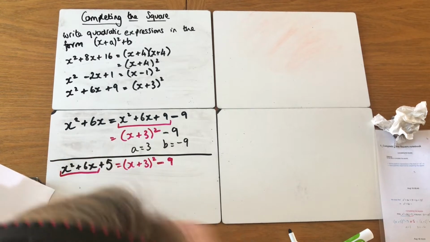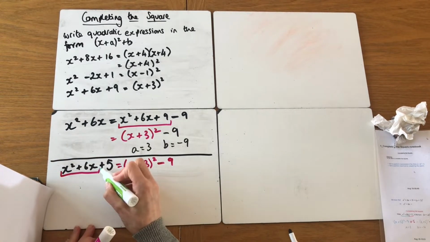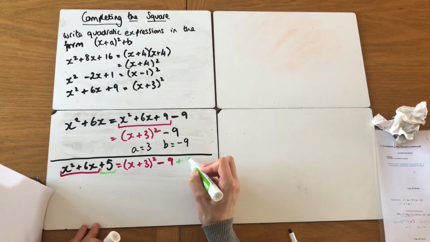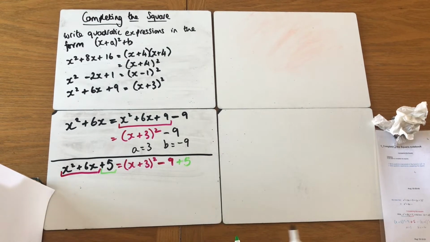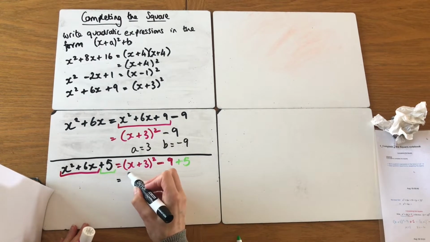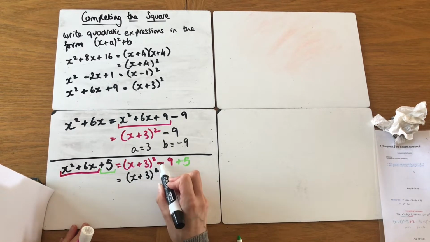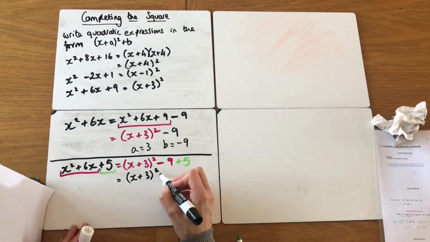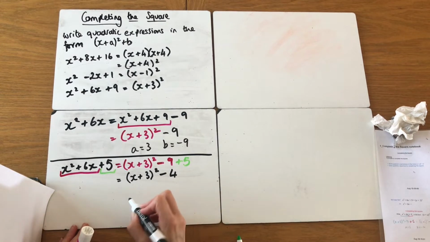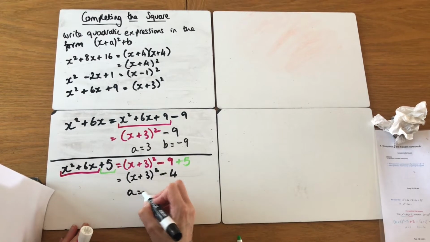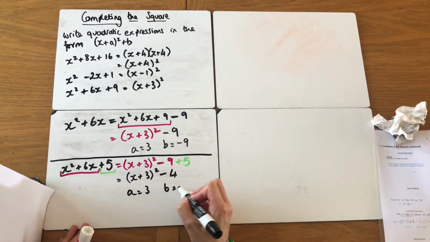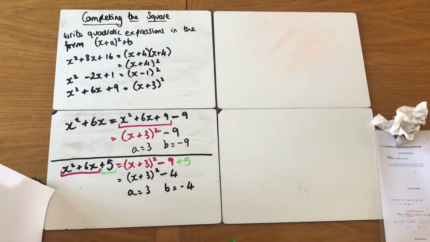But now we have a plus 5 on the end, so we need to pop that plus 5 back on the end and then we can simplify. So we end up with x plus 3 all squared, then I've got minus 9 plus 5, which gives me minus 4. So this is completed the square form where a equals 3 and b equals minus 4.